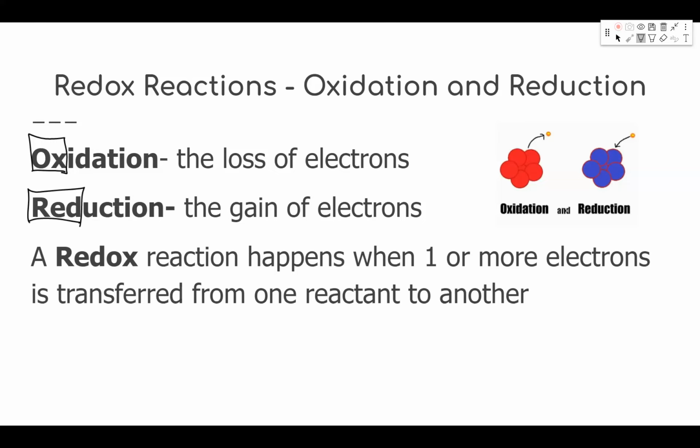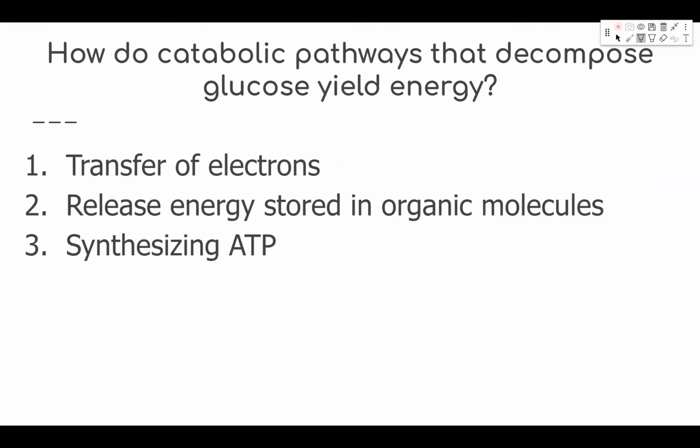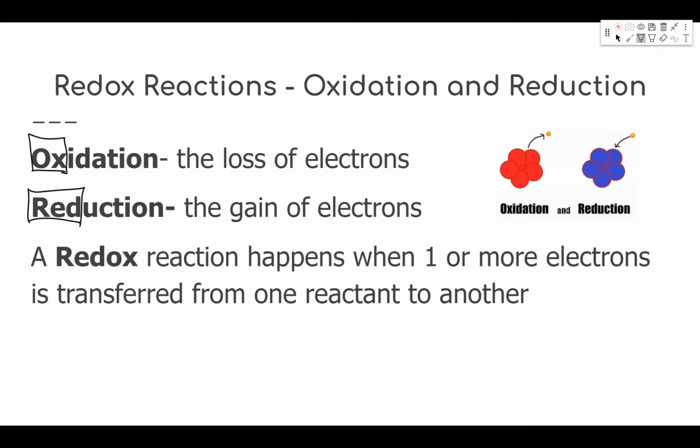So when we are transferring an electron from one thing to another, like we said was our big step here, the transfer of electrons, one material is going to lose them, and the other material is going to gain them. That's why we call it a redox reaction: one molecule is going to lose an electron, and another molecule is going to gain an electron.